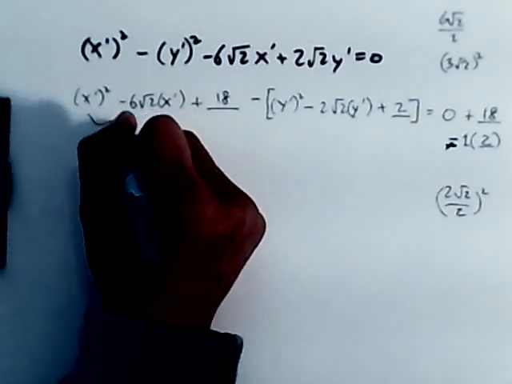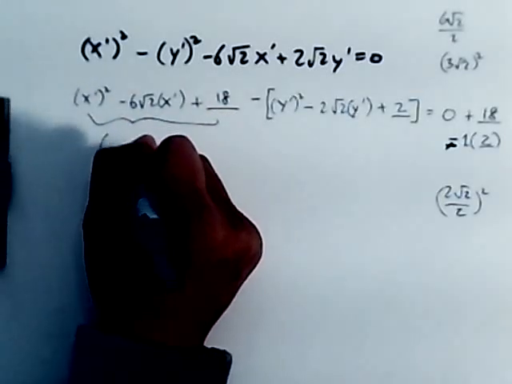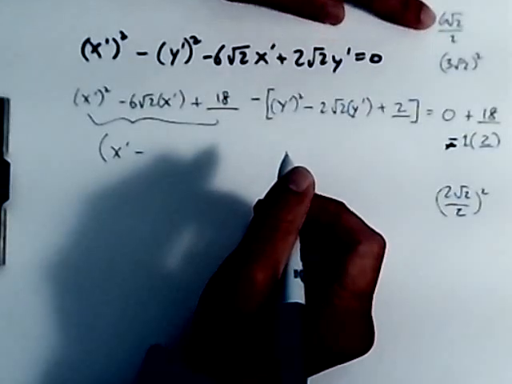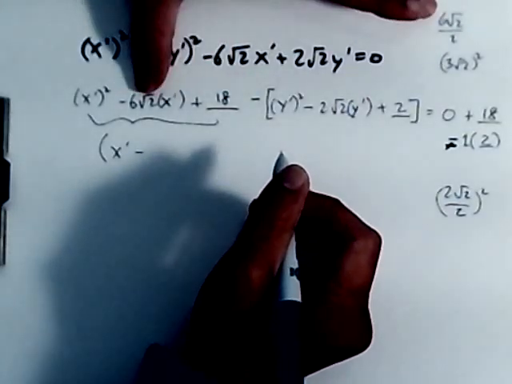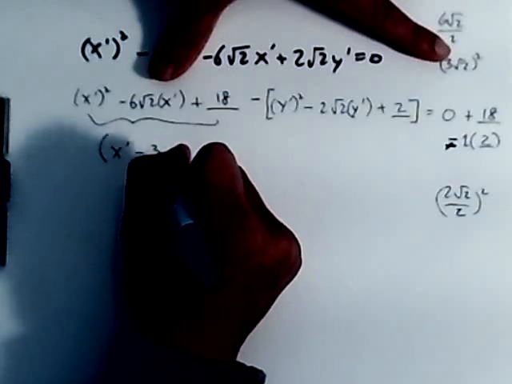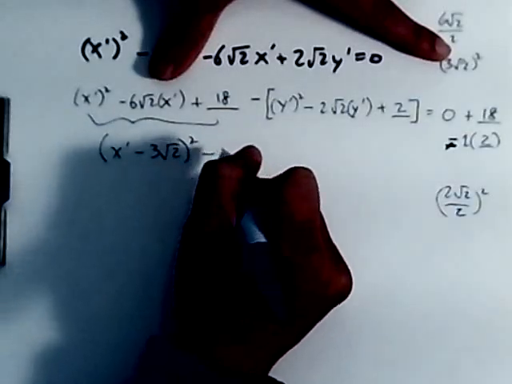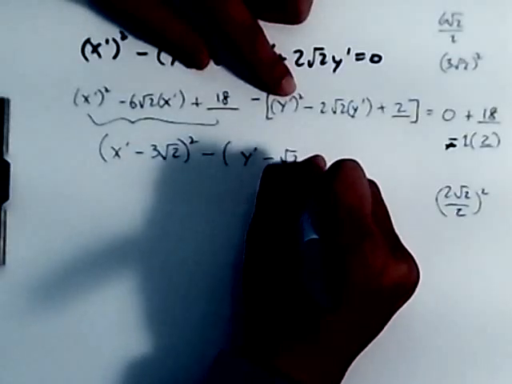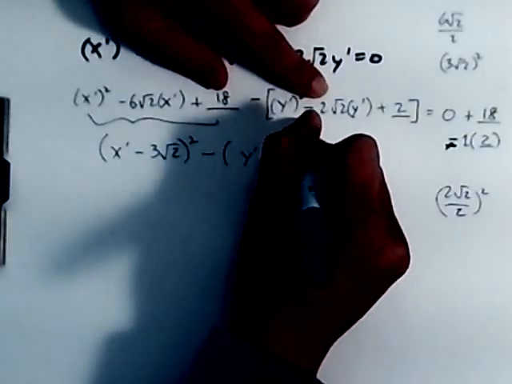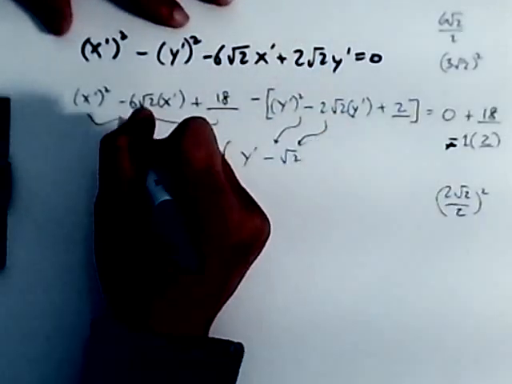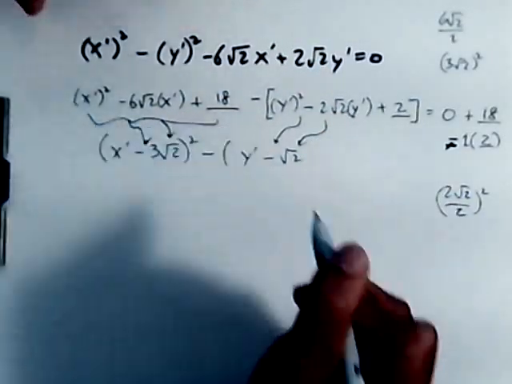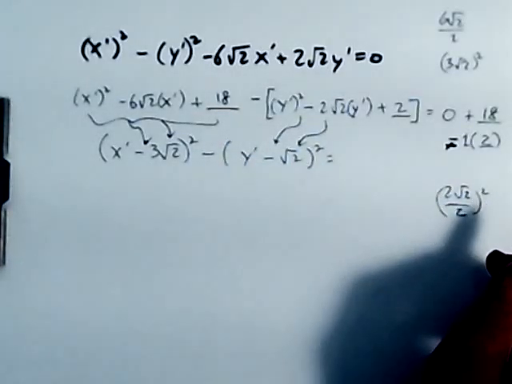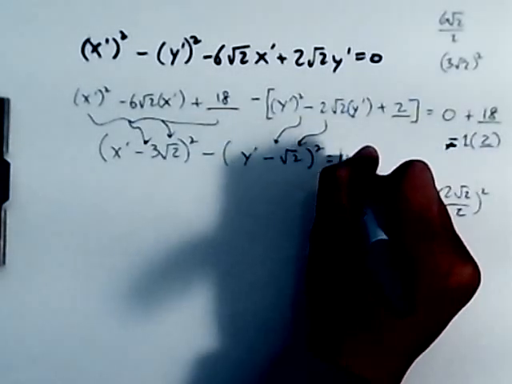So let's complete the square on this one. It's going to be x prime minus, I just take this number divided by 2 right here. Take the coefficient divided by 2, that's 3 root 2 squared, minus y prime minus root 2. 2 root 2 divided by 2, drop the sign, just divide by 2, squared is equal to, what do I get? 16.